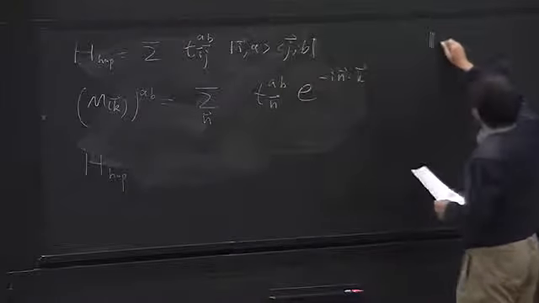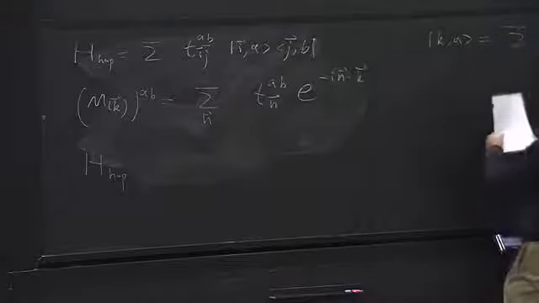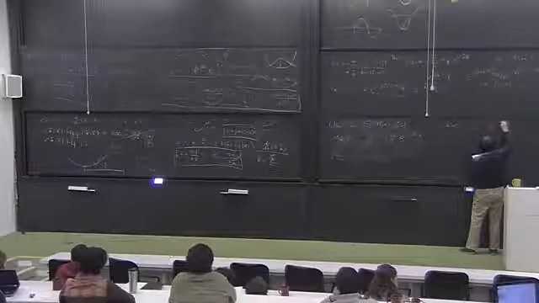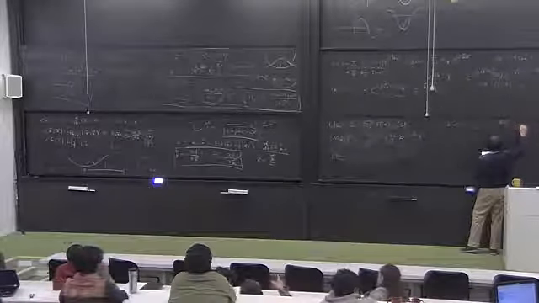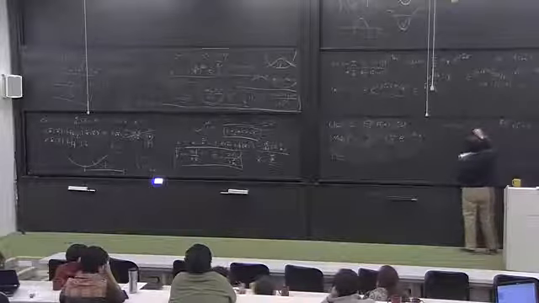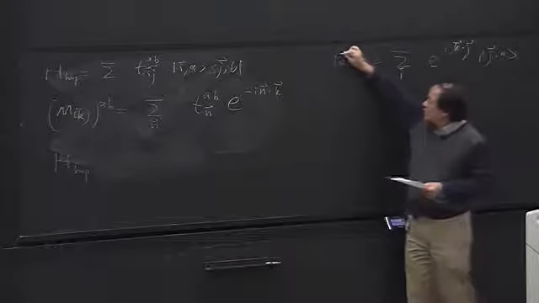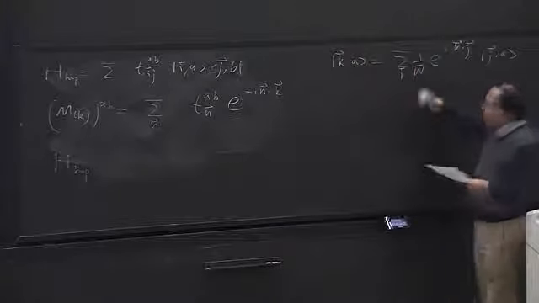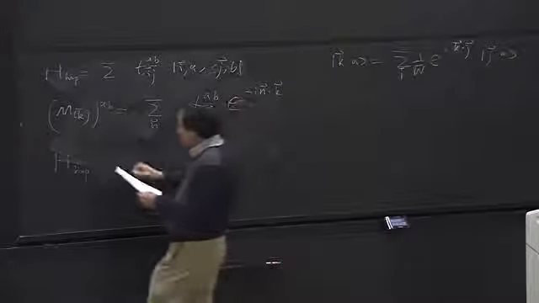The k A basis is a sum over j of e to the i k j times the site state j A, with a 1 over square root of N here. In the k basis, the Hamiltonian becomes simpler.